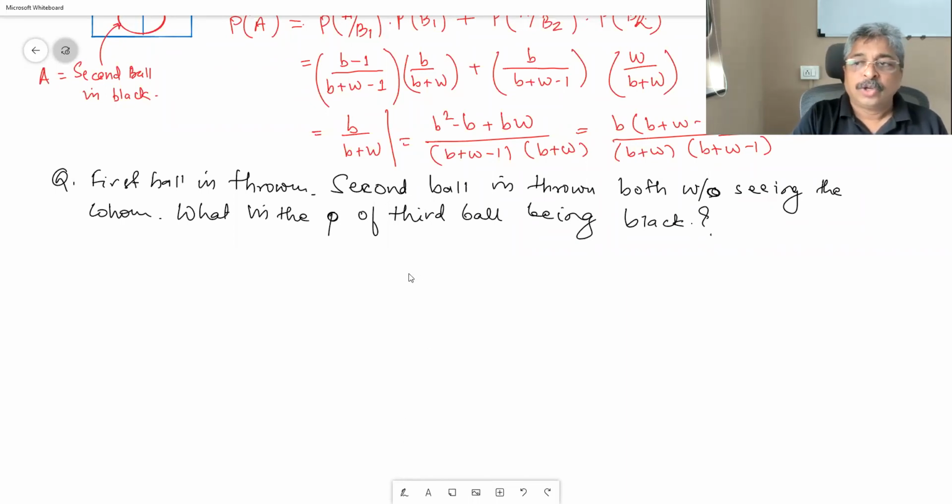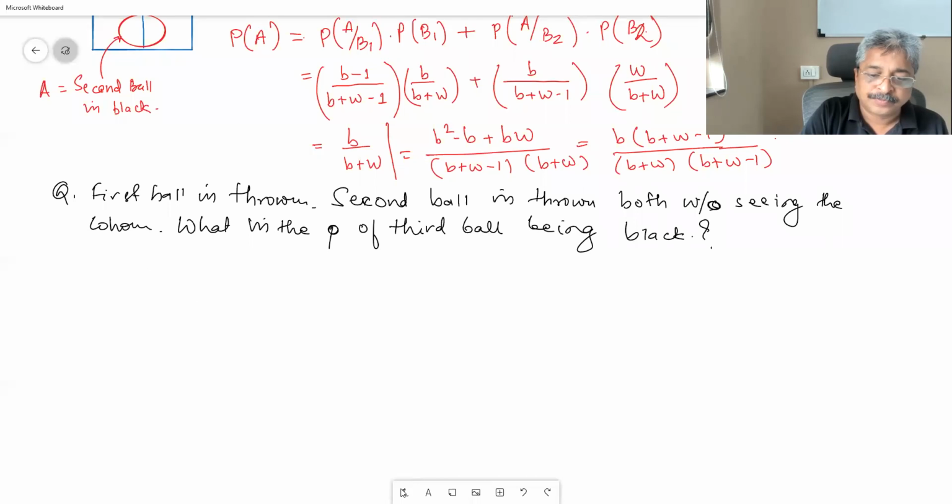Okay. So here the first two balls are thrown without seeing, and the probability of the third ball being black is asked. So now let us list how many terms are going to come.